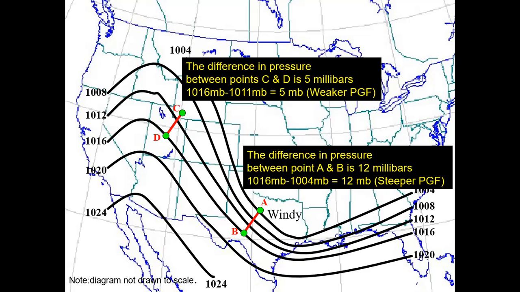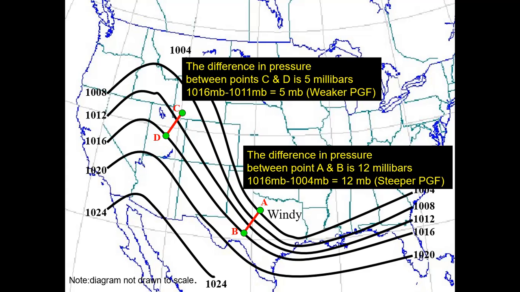Okay, the first thing we need to talk about: these dark lines on this particular chart. Those are known as isobars, and iso means equal, bar referring to barometric pressure. So everywhere along one of these lines, it's the same pressure reading. We have one dark line labeled 1008 millibars.